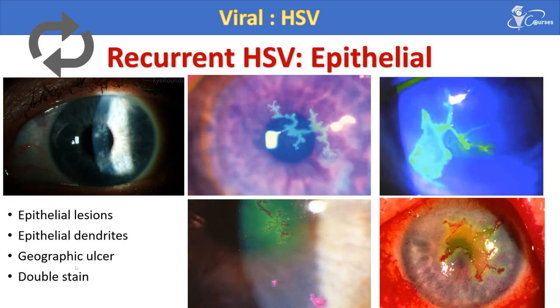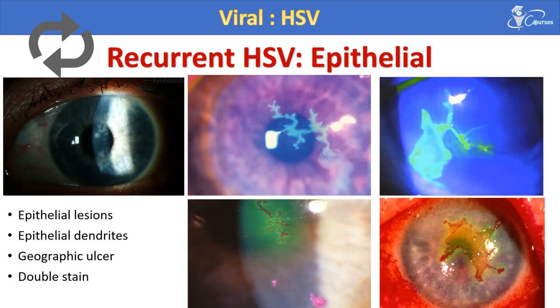Also, the viral ulcer or the herpetic ulcer has a tendency to have what's called double stain. Double stain is when the ulcer is taking the two stains, one is the rose bengal stain, and the other is the fluorescein stain. The rose bengal appears pinkish, and it is staining the diseased epithelium, while the fluorescein stain will be staining the lost epithelium.